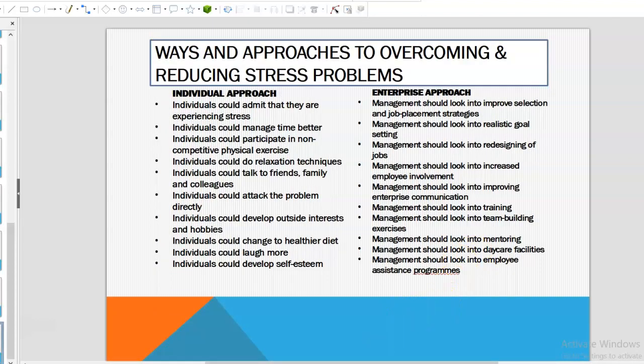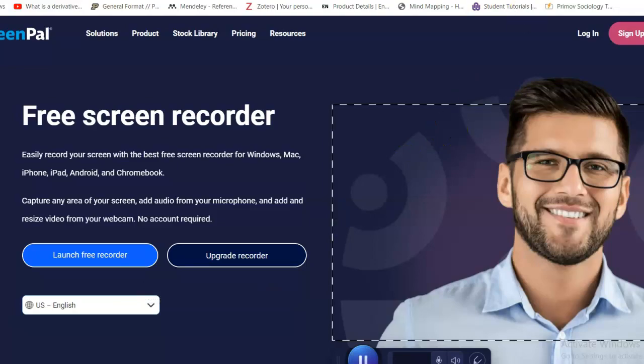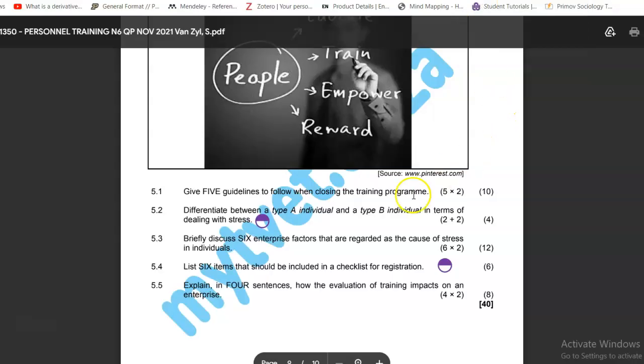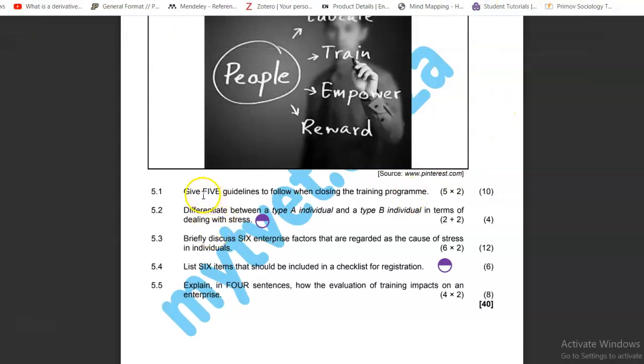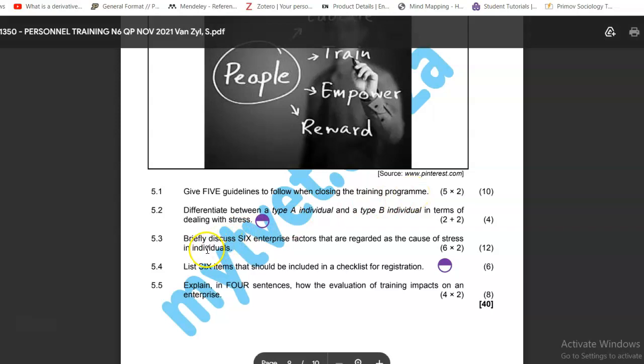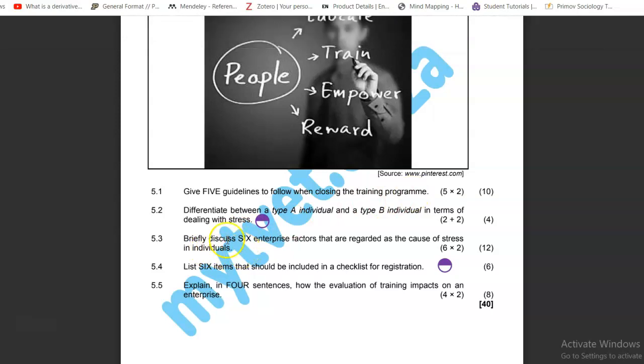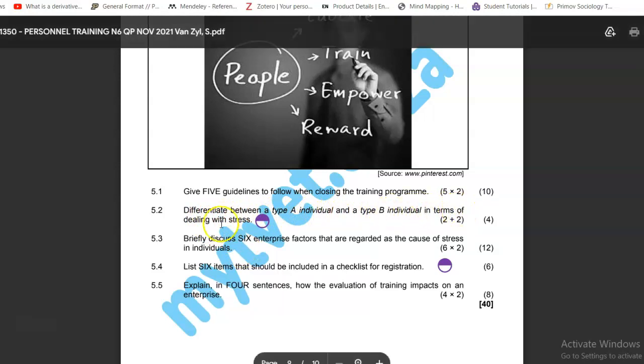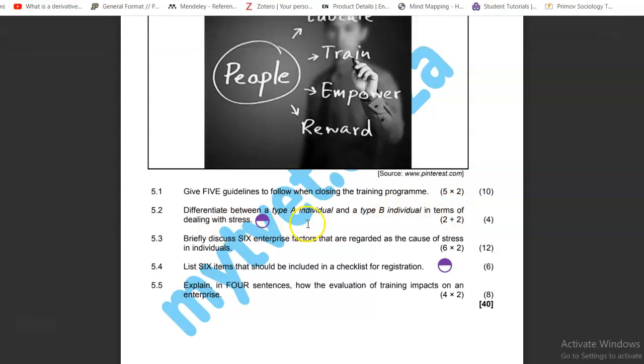Let us look at the question papers. Now the questions dealing with the second part. These are the guidelines to follow when closing the training program. You see, we've talked about that. Then we have: differentiate between a type A individual and a type B individual in terms of dealing with stress.